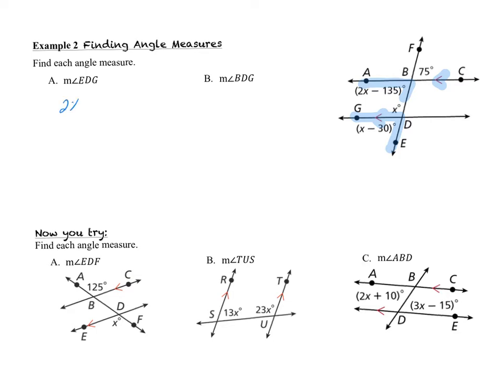So we have 2x minus 135 is equal to x minus 30. Subtract x, we end up with x minus 135 is equal to negative 30. Add 135, we end up with 105.